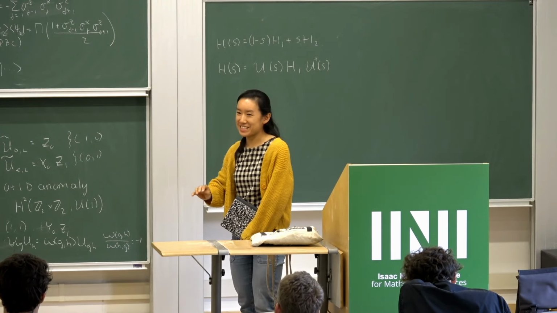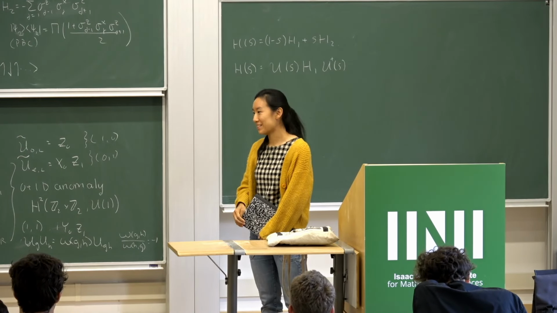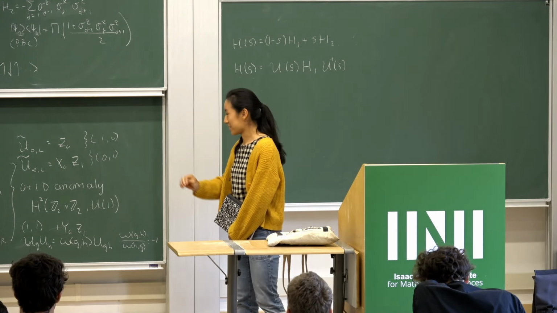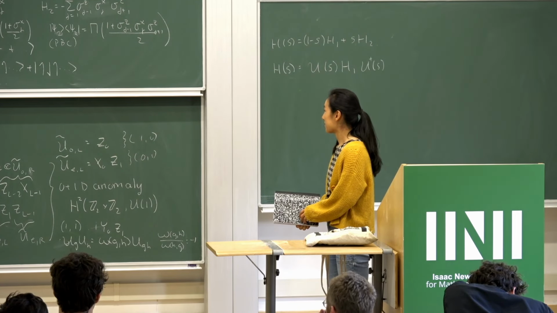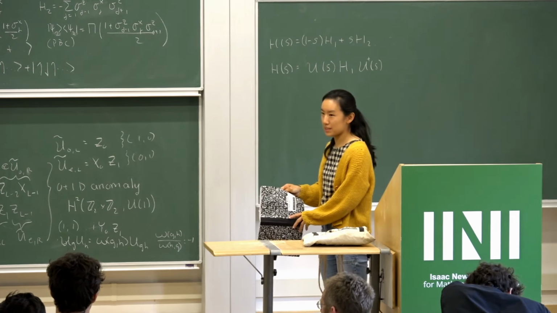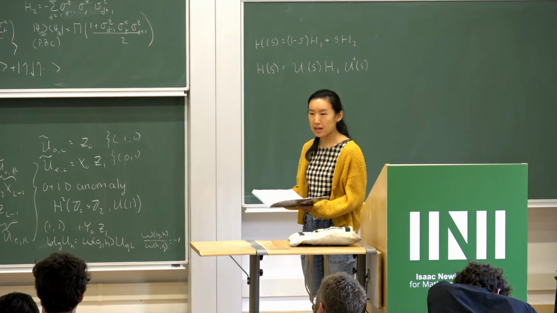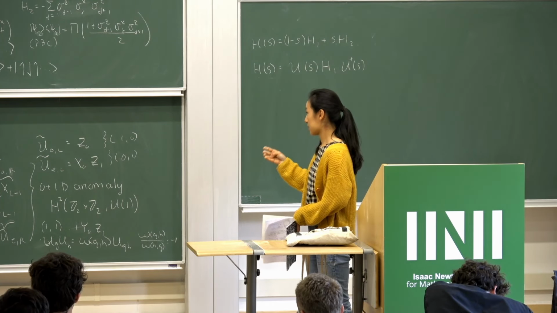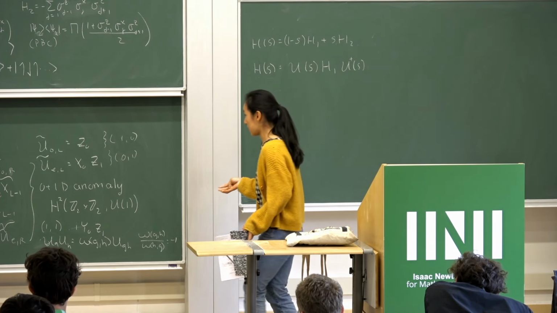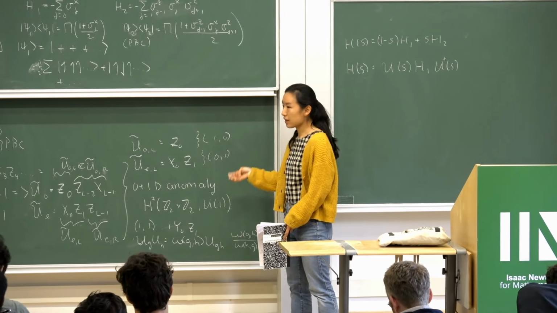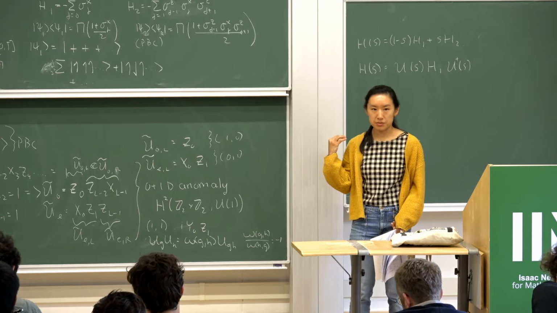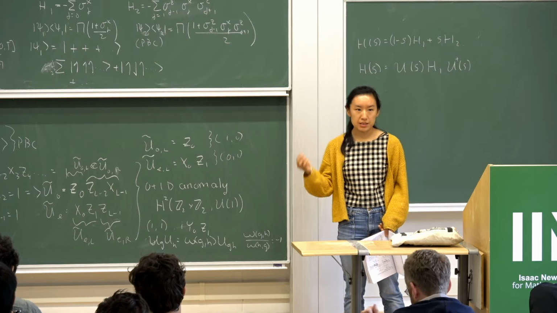I didn't go much into detail there, but maybe you can convince yourself with my sketched argument, and to actually do that formally takes a bit more work. But at least you can see that there are ways to distinguish them in terms of the edge modes, and now I'm going to talk about a way to distinguish them by their symmetry defects.